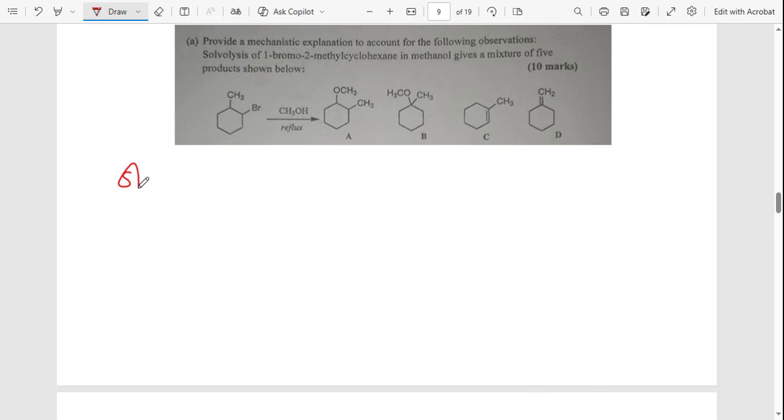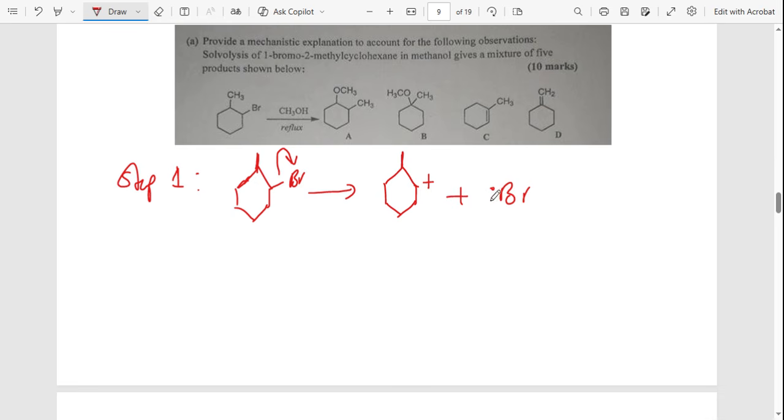If I want to write it in steps, step 1: you have this compound with a Br and that CH. In the first step, the leaving group leaves, so you have this compound with a positive charge here.